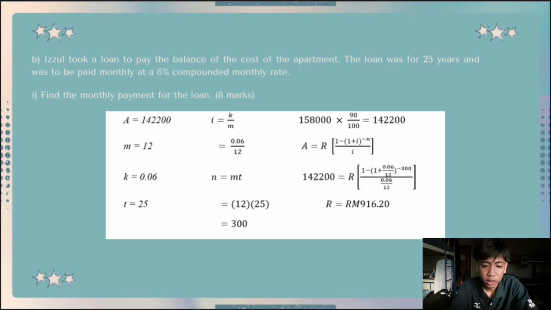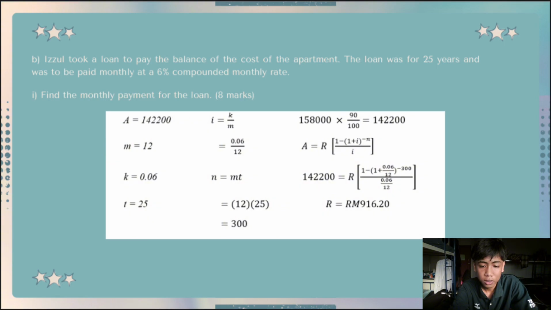Question 2b. Izu took a loan to pay the balance of the cost of the apartment. The loan was for 20 years and was to be paid monthly at 6% compounded monthly. B1 is to find the monthly payment for the loan. To answer B1, calculate the amount without the 10% down payment using 90% per 100 multiplied by 158,000.